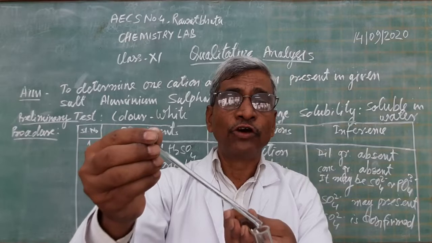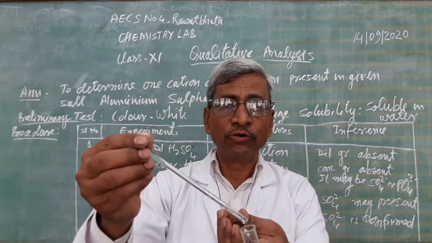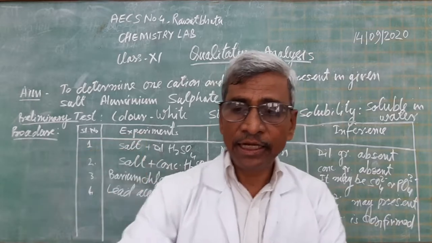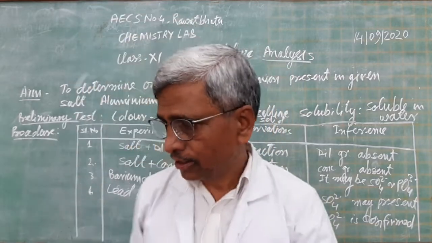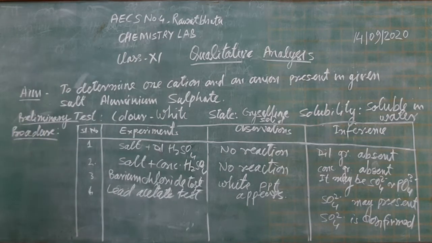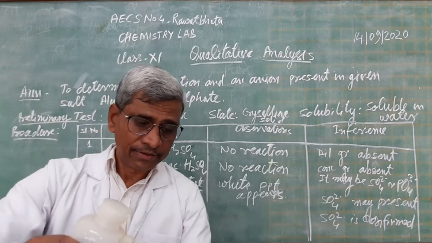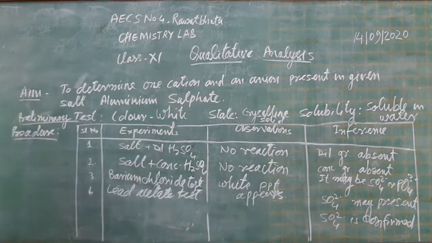No fume formation is going on. It means ammonia gas is not coming out and it does not have any cation like ammonium. Ammonium is not there. So dissolve the salt again. We have to proceed to the next test.